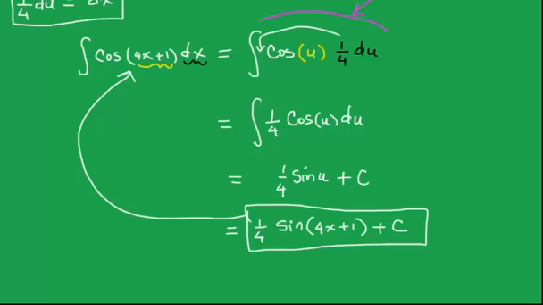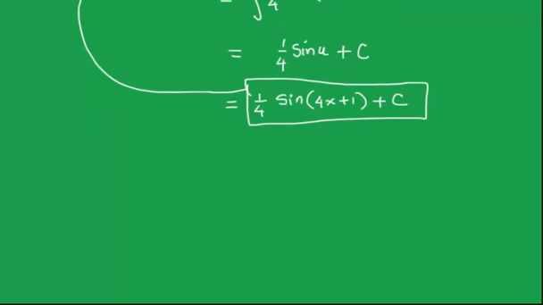Now let's go over another example to practice more. Let's say we want to find an antiderivative of x squared times the square root of x cubed plus 4 dx.